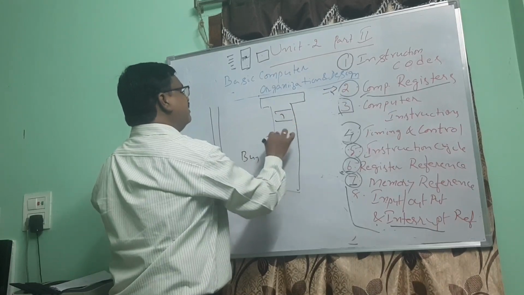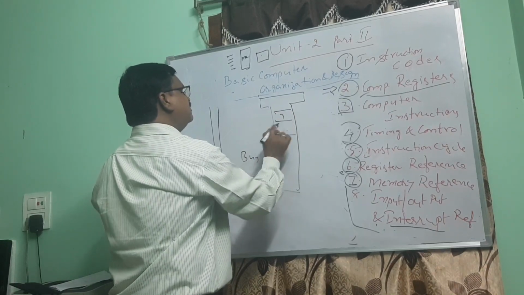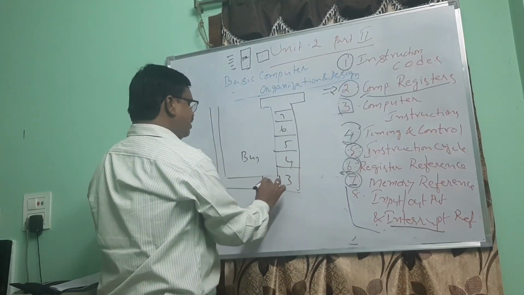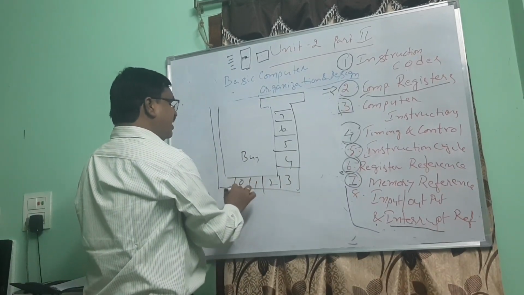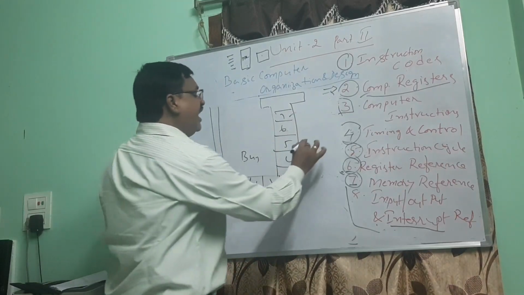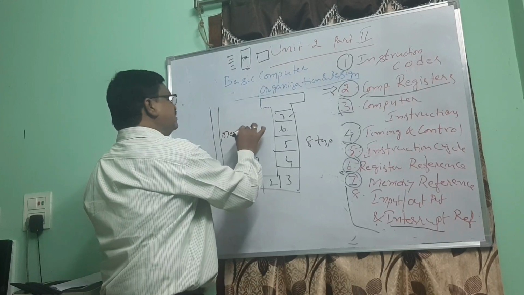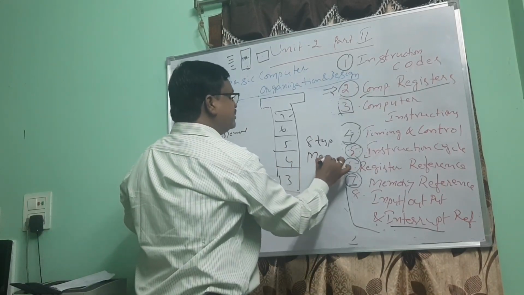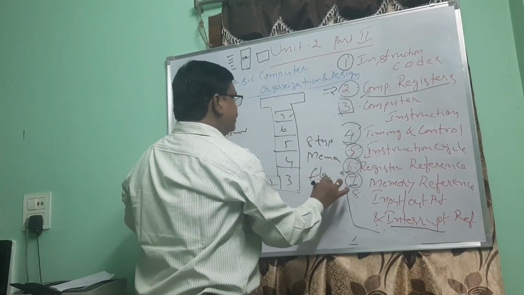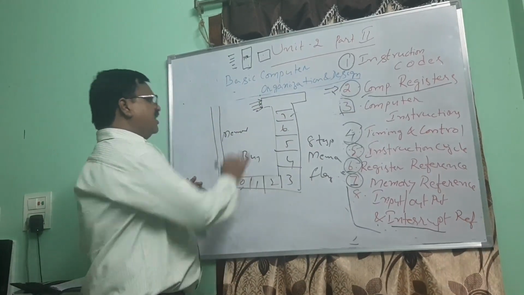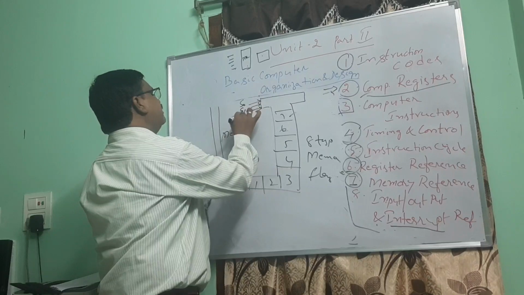So 7, 6, 5, 4, 3, 2, 1, 0. Like 0 to 7 means 8 types of registers, and then some memory locations, and then some flag registers. All these are selected by using the select lines S0, S1, S2.